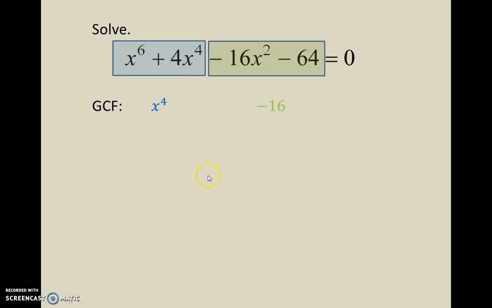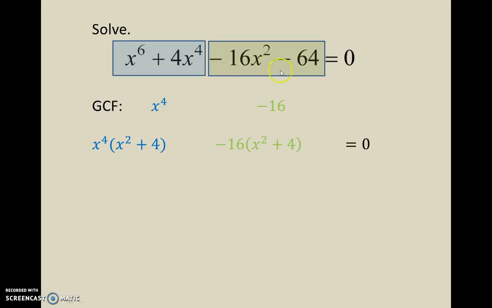So if I do this, that means that when I divide x to the 4th from x to the 6th plus 4x to the 4th, x to the 6th divided by x to the 4th gives me x squared. And of course, 4x to the 4th divided by x to the 4th is going to give me 4. So now I have that GCF factored out of those two terms.